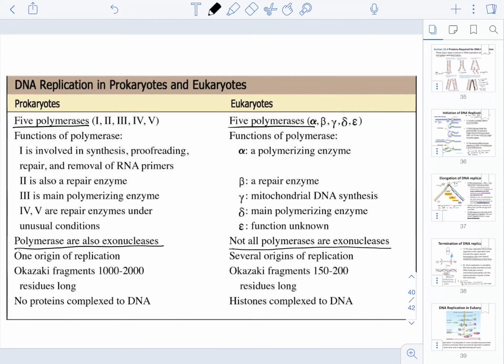The definition of an exonuclease is enzymes that remove successive nucleotides from the end of nucleic acids.